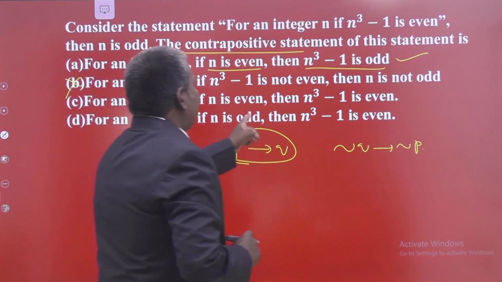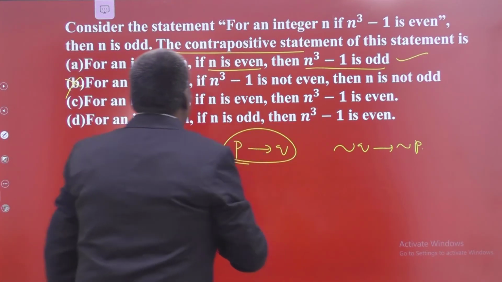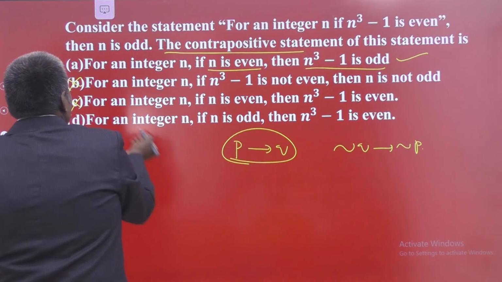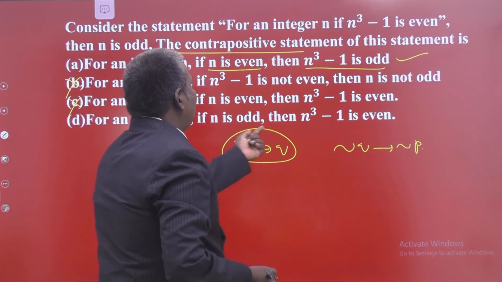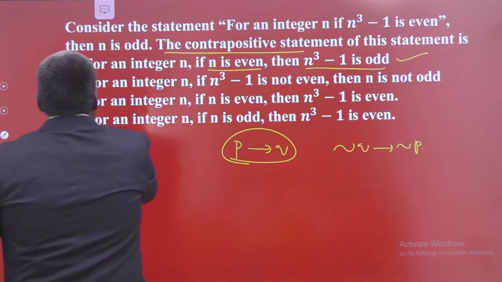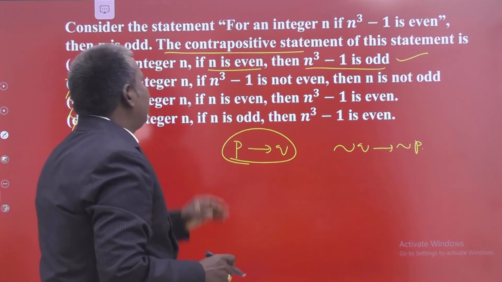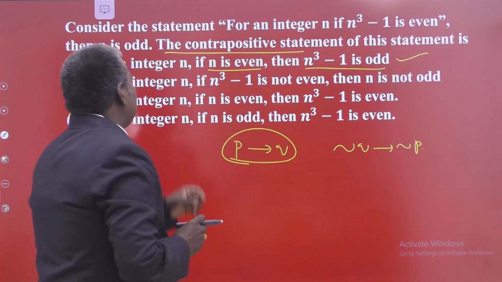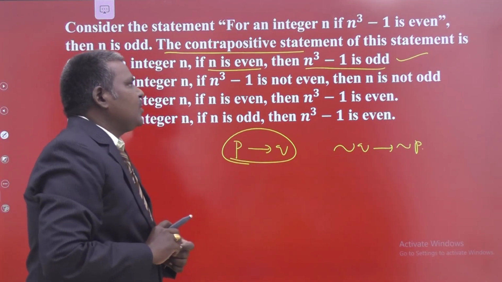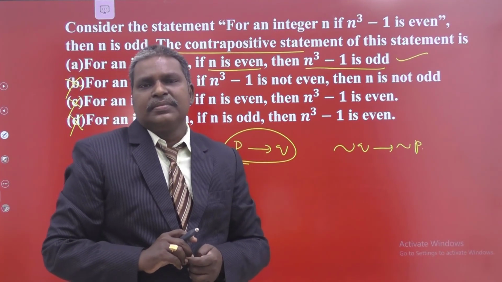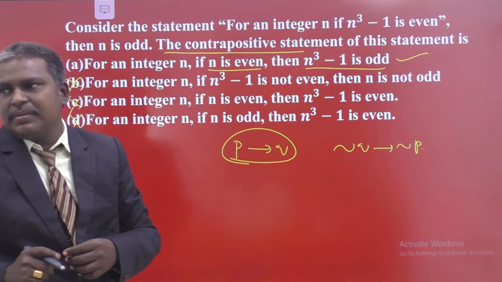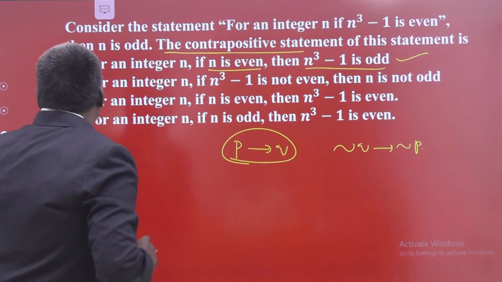This is also wrong. For an integer n, if n is odd, then n cube minus 1 is even. This is also wrong. So the first one is the correct option: for an integer n, if n is even, then n cube minus 1 is odd. Understand? Next one.